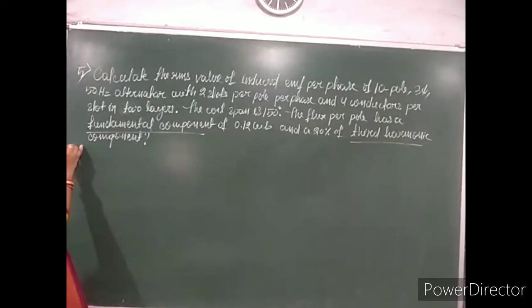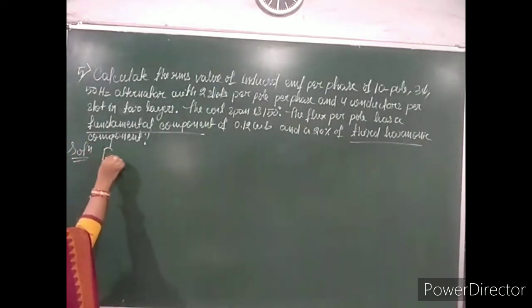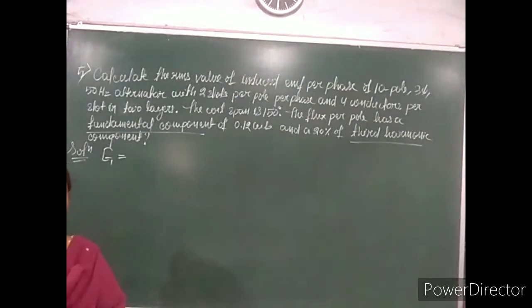So you know the formula for getting the fundamental component of EMF. As this alternator consists of both fundamental and third harmonic components, for the fundamental component I use the suffix 1 for EMF per phase, and for third harmonic I use 3.